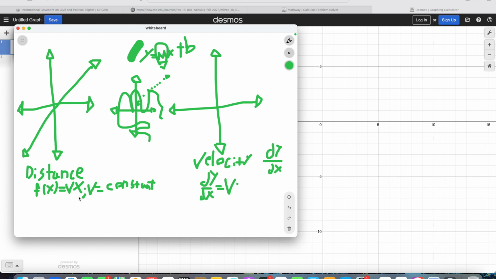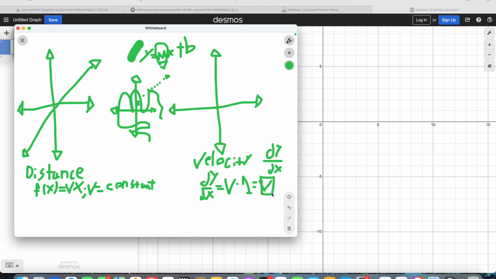The first derivative, or the rate of change, for any isolated variable is always going to be 1. If it has no exponents or anything, it'll always just be 1. So it'll be 1 multiplied by v, which is equal to v.